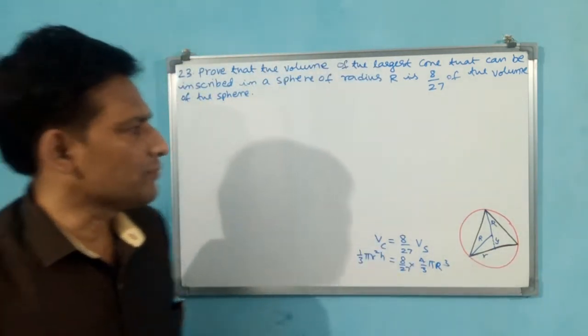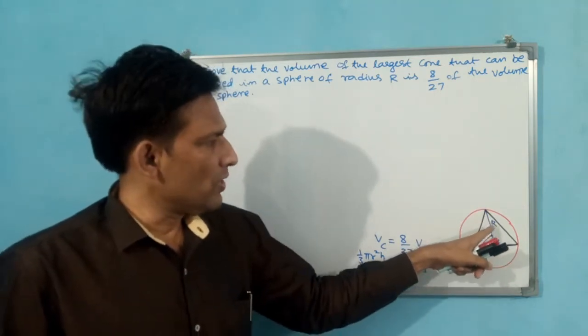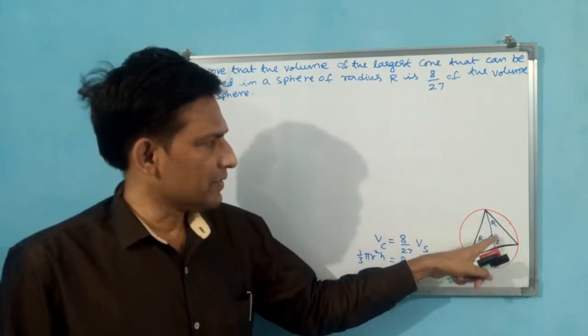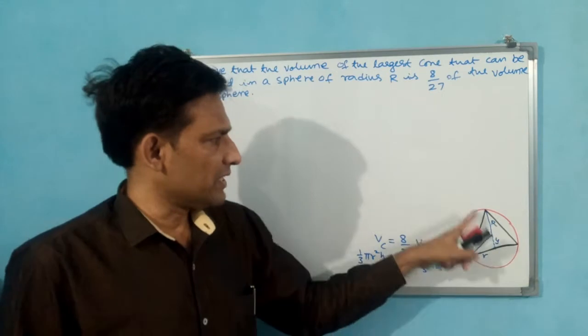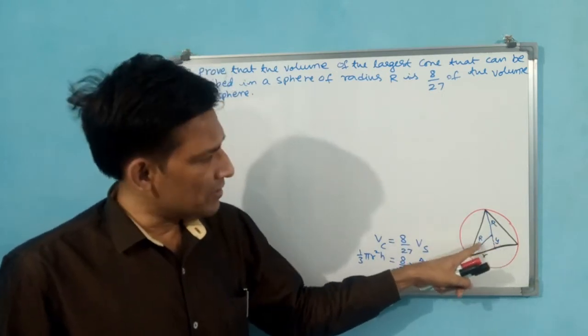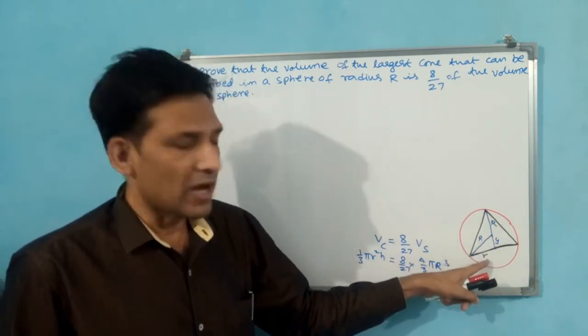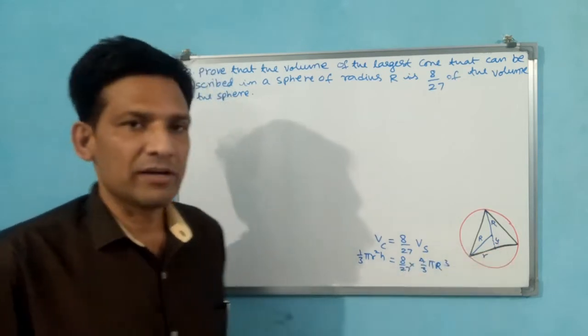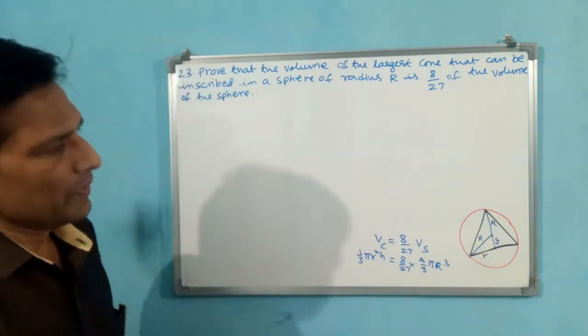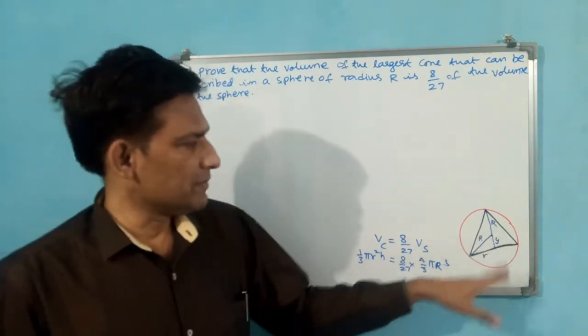That means the height of the cone h is equal to R plus y, where R is the radius of the sphere plus small y. And y comes from the square root of R square minus small r square. You understand by this figure.